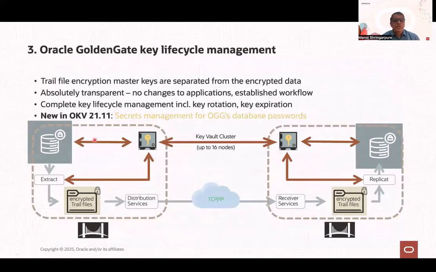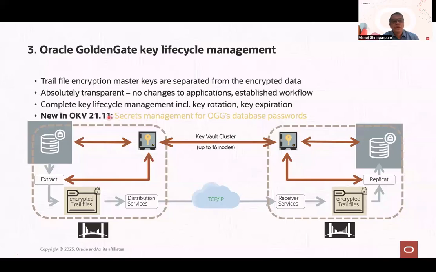Moving ahead on the use cases, we can also manage the GoldenGate key lifecycle. We can store the encryption keys of the trail files for the extract and the replicat inside the Oracle Key Vault.